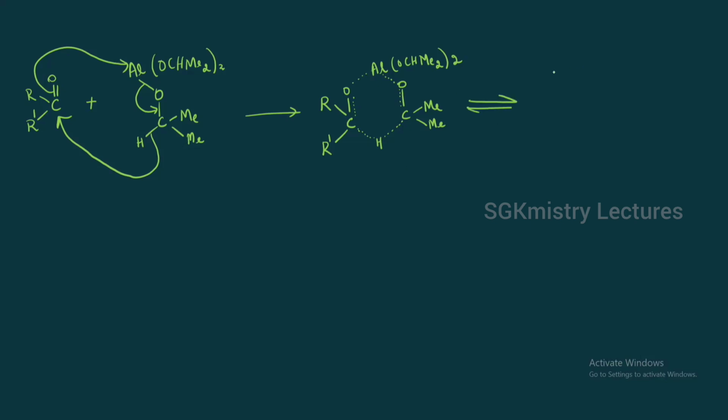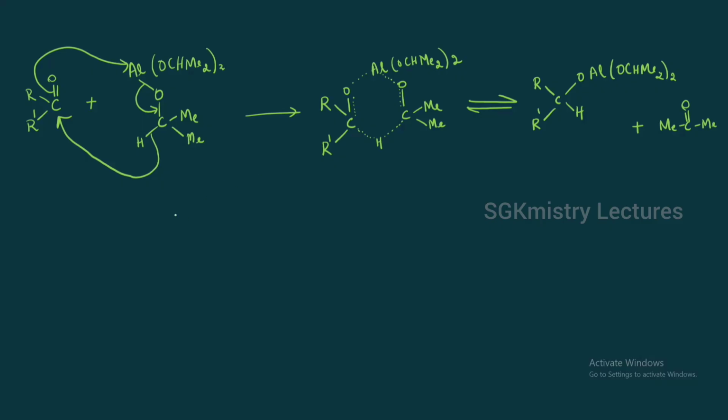So this can also be represented like this. R, C, R', and here a bond is formed to O-Al(OCHMe2)2. Now this bond has broken, so it becomes C=O, and this bond also has broken, so you're going to get the acetone, Me-C(=O)-Me.